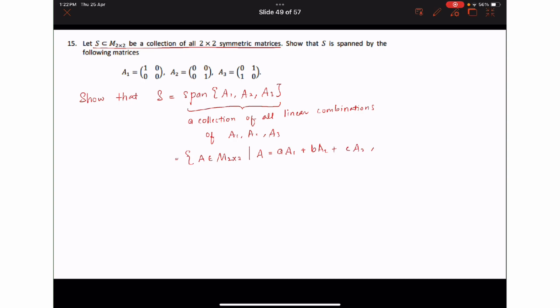This is true for all scalars A, B, C in R.